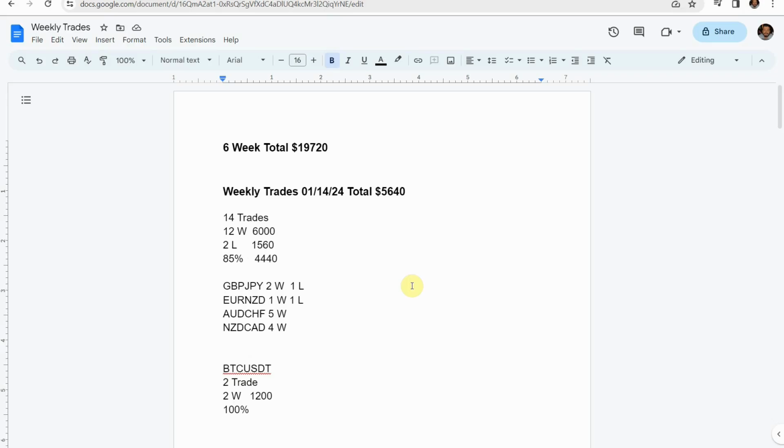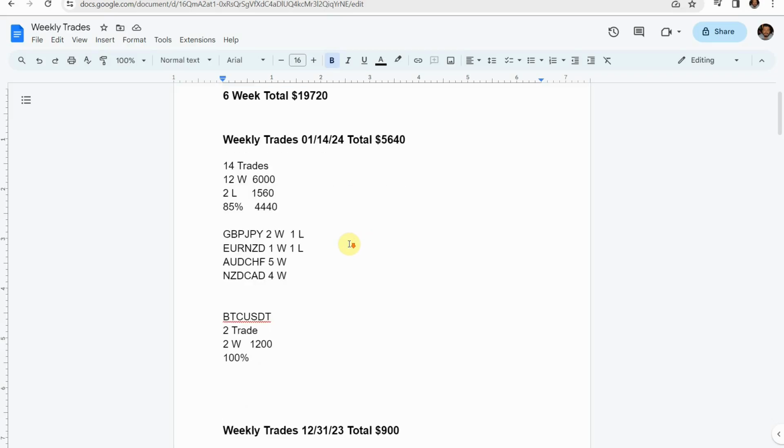All right, so let's go ahead and go over the weekly signals. So this is tracking the signals using the Academy of Forex strategy on these 4 Forex pairs and this one crypto coin. And so for the Forex pairs this week, we had 14 trades altogether. We had 12 winning trades and 2 losing trades. So that's going to put us at an 85% win rate.